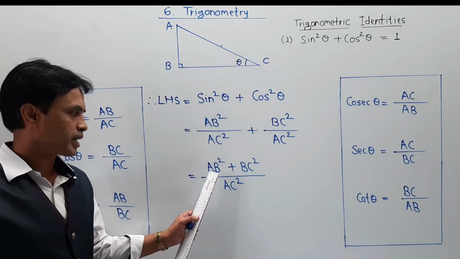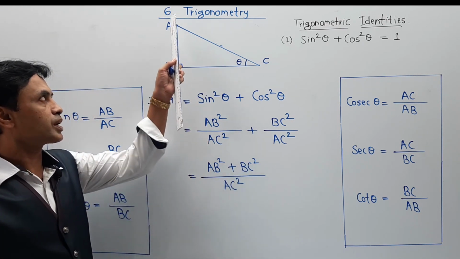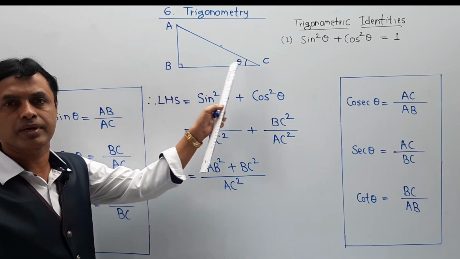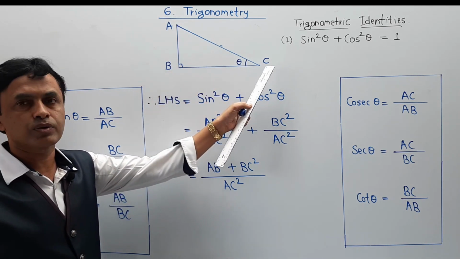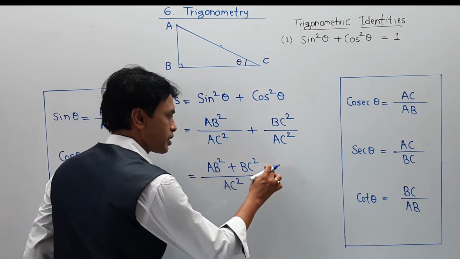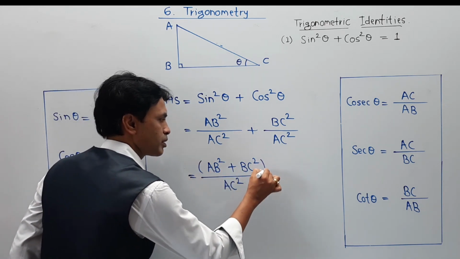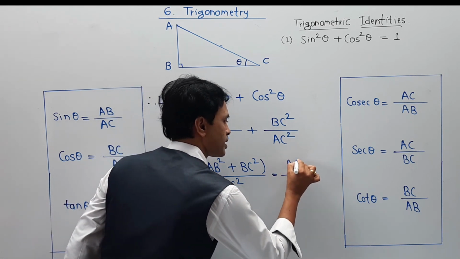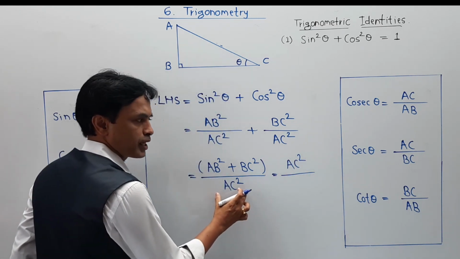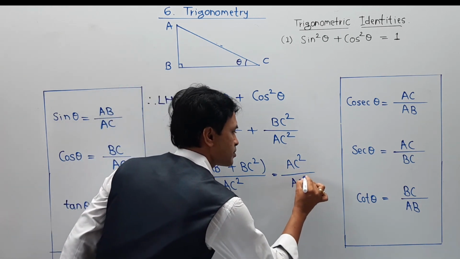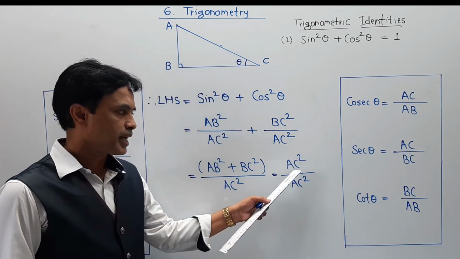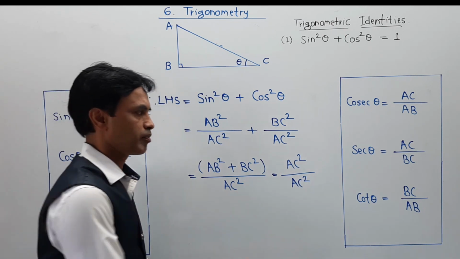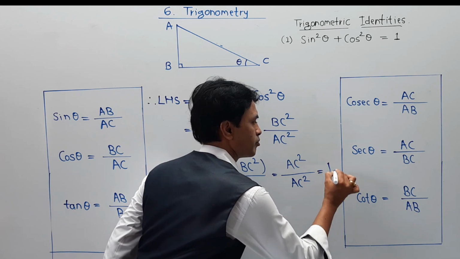You very well know that by Pythagoras theorem, AB square plus BC square is equal to AC square. Naturally, this evaluation becomes AC square, and already your base is AC square. Naturally AC square upon AC square is nothing but 1. So simply I am going to write it as 1.